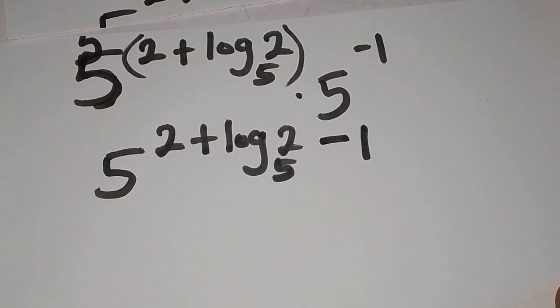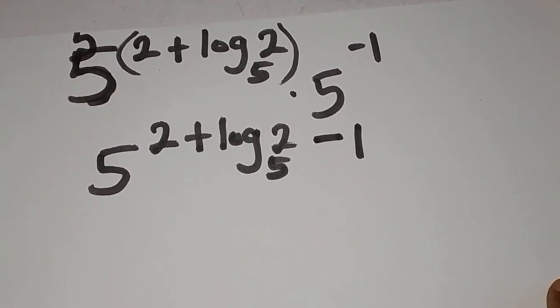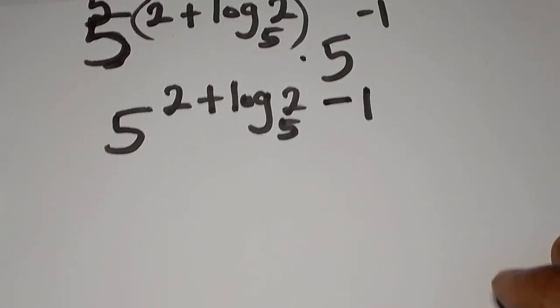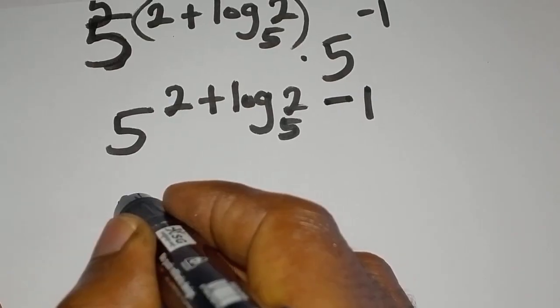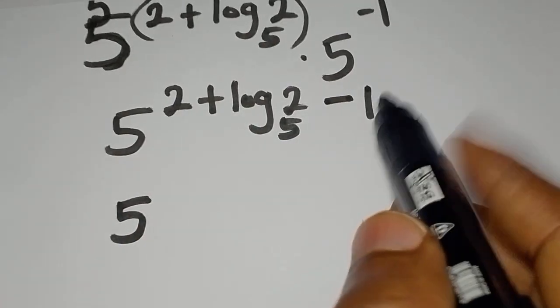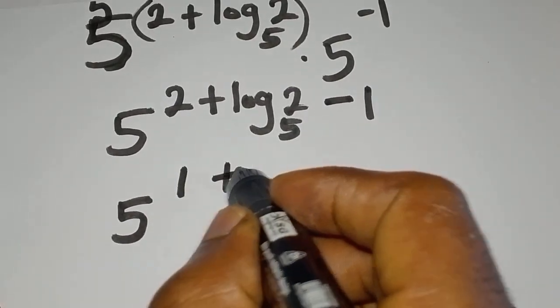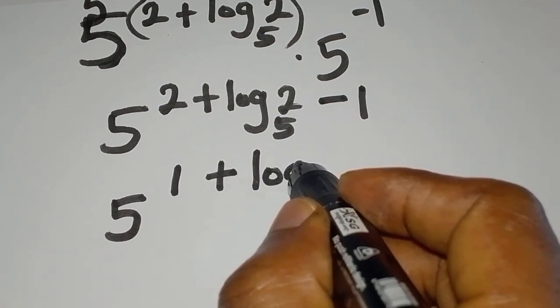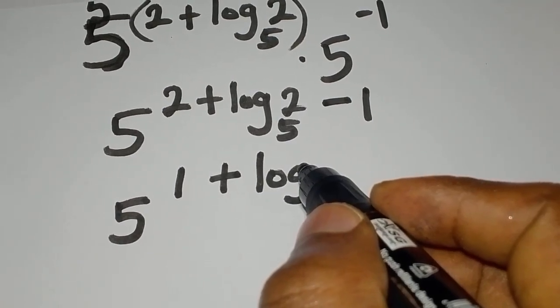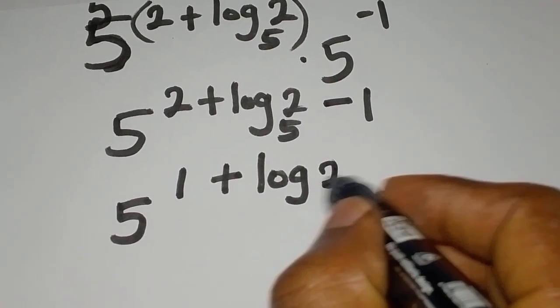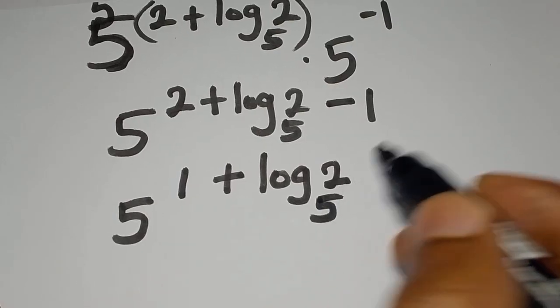So from here we have 5 to the power of 2 minus 1, which is 1. Then we have plus log 2 to the base of 5.